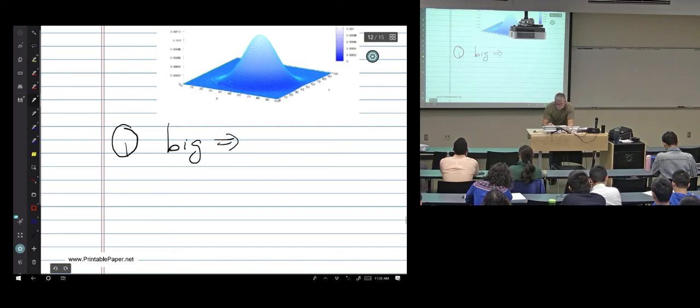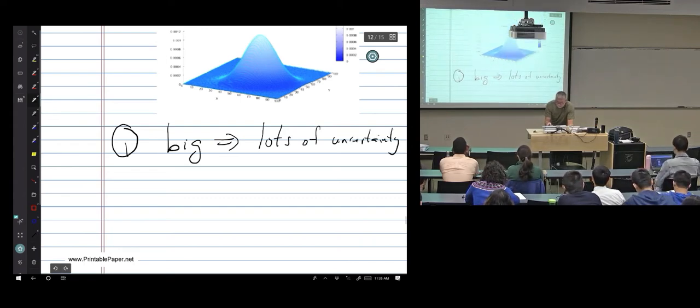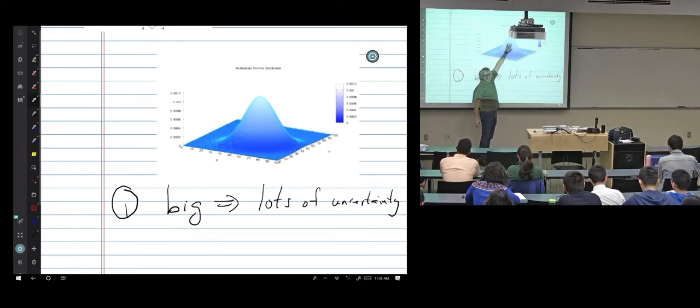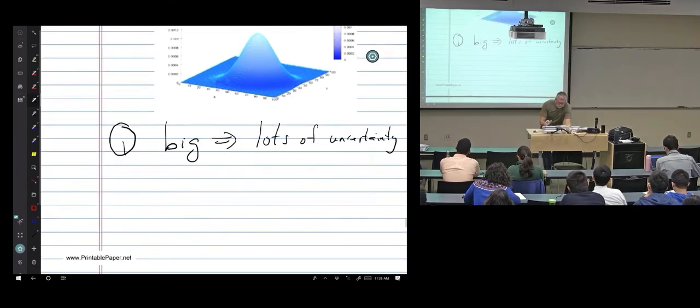Q big implies lots of uncertainty. So if Q is small, this would be up like a needle. Okay, so if this thing went up to like 100 because you had to get a really small area to get 1, okay, then you know that it's going to be with a really, really high probability by the mean.